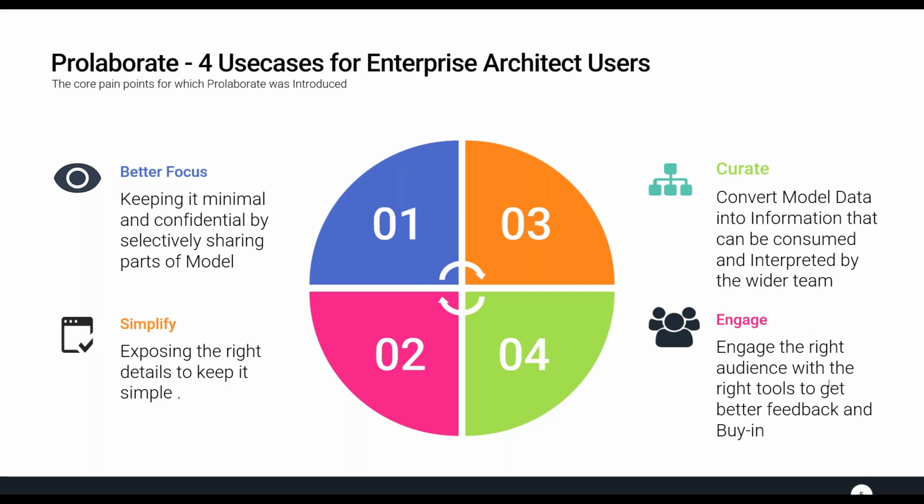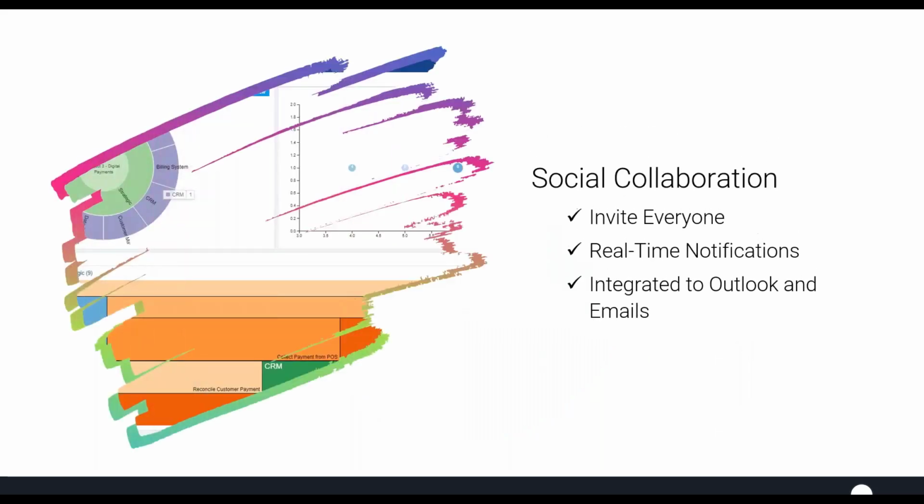So to delve into that particular aspect, I'm going to elaborate on the engagement part. And when we talk about engagement, we are not talking about adding another user into the EA repository and asking them to browse through the model.